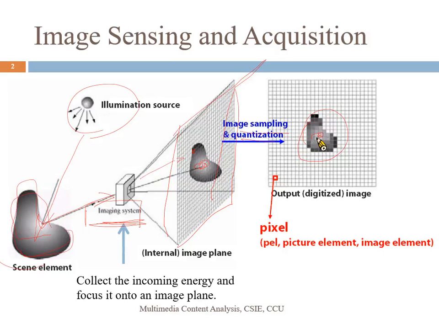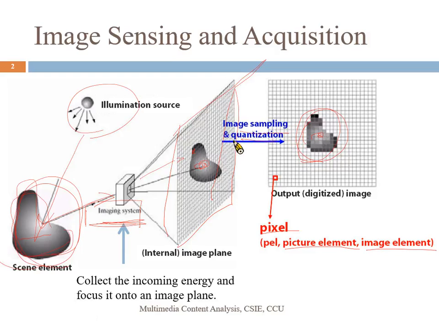For each image sensor, the basic unit to store the image component is called a pixel. That stands for picture element or image element. So based on this imaging system, we can transfer an analog object into a digital form.